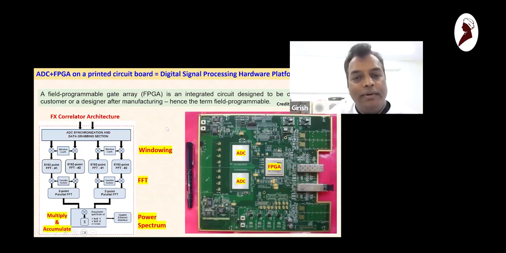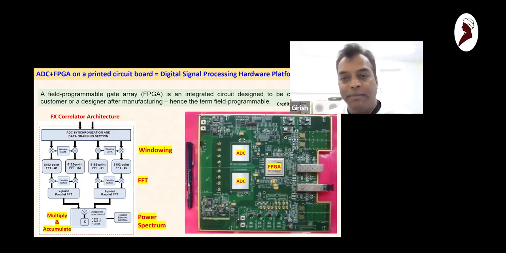Okay, so now that we have the A to D converter, we know about FFT, and we know about multiply and accumulate, which is the correlation part. So we put these A to D converters and the device called field programmable gate array. I'm sure Vani would have given you a feel for this, what it contains. Just to refresh, it is an integrated circuit designed to be configured by a customer or a designer after it is manufactured.